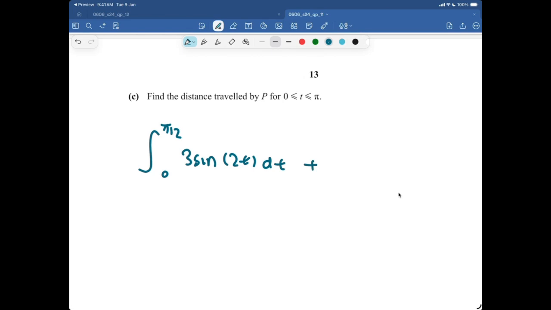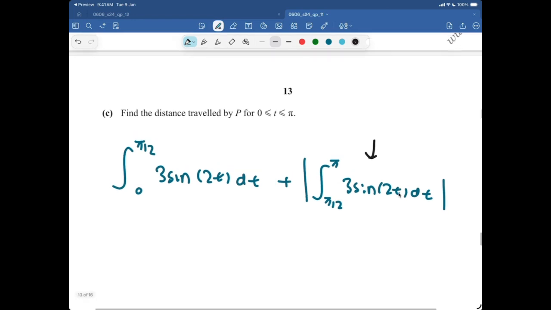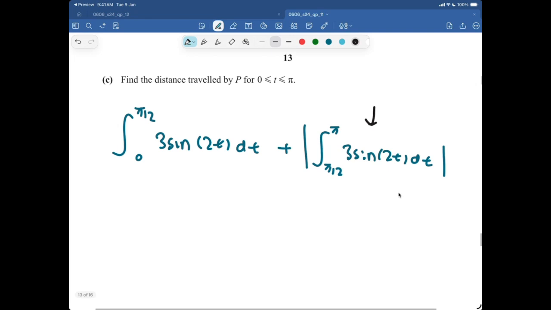We have to add that to the absolute value of this expression, because for this segment, the particle will travel to the left, I'm sorry, and so the displacement will be negative. And if you want the distance, you should take the absolute value of it. So we have to take the absolute value of the whole integral.